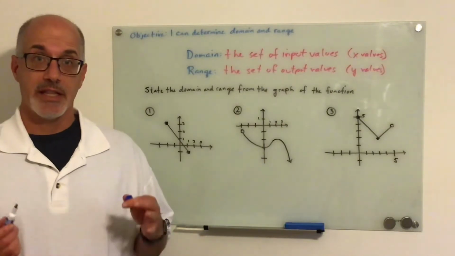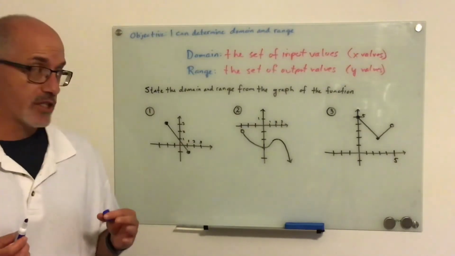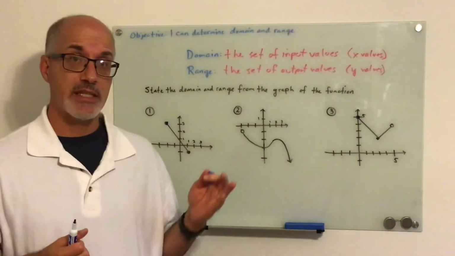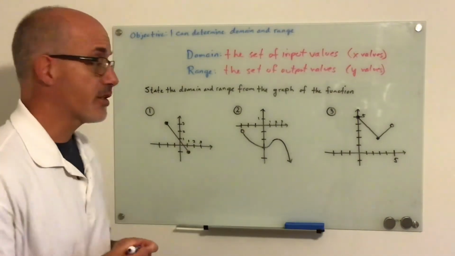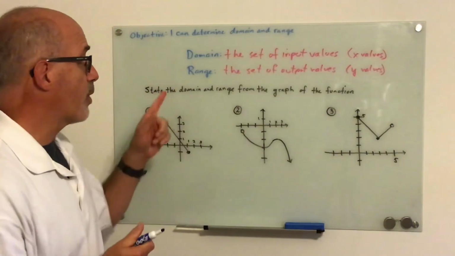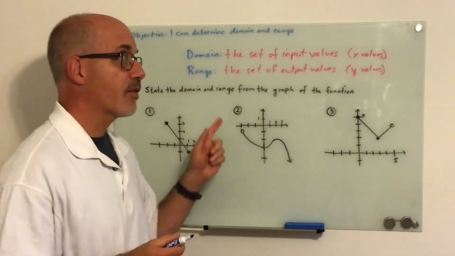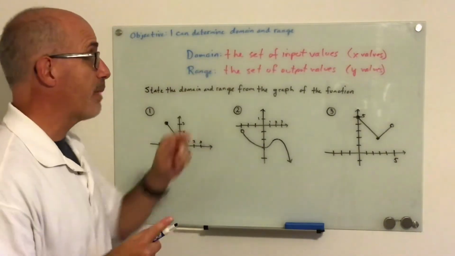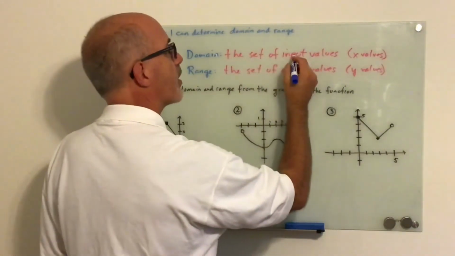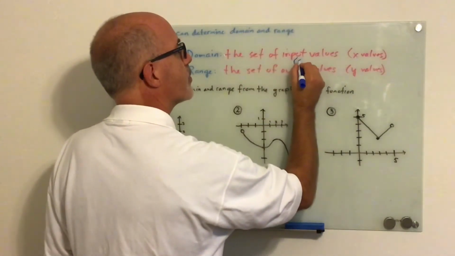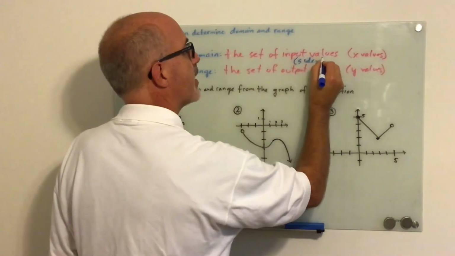Now we're going to take the domain and range of functions and we're going to look at a graph that's already established and look at the graph to determine what the domain and range is. So first of all, we want to make sure we understand from the graph how to read it. Domain, since it's the x values, what we're looking for here is how far it goes side to side.